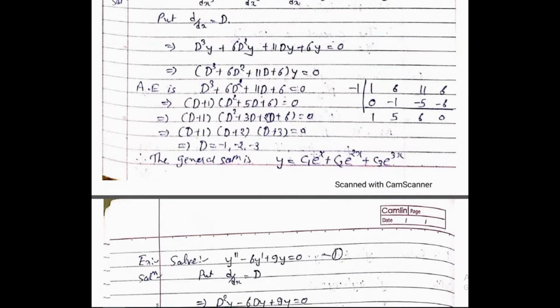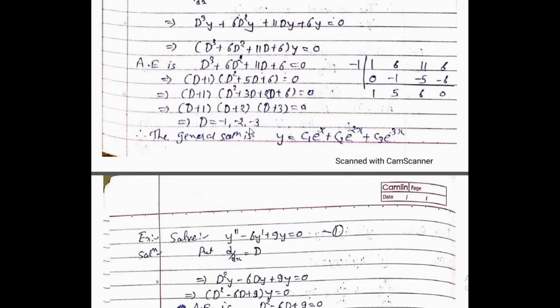Now you have the auxiliary equation d cube plus 6d square plus 11d plus 6 is equal to 0. So factorizing this by synthetic division, that will give you two factors, d plus 1 and d square plus 5d plus 6. Again factorizing this one, that will give you d plus 1, d plus 2, d plus 3. So you will have d is equal to minus 1, minus 2, minus 3.